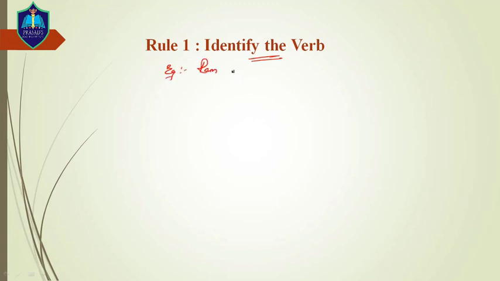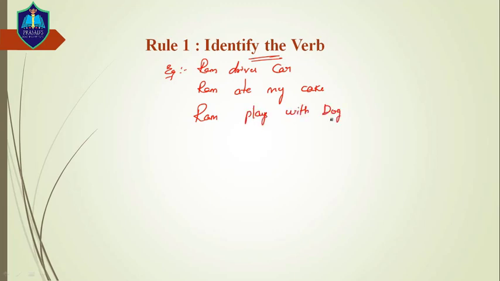Ram drives car. Ram ate my cake. Ram plays with dog. Ram teaches English. I have taken a few examples to explain how we have to identify the verb.